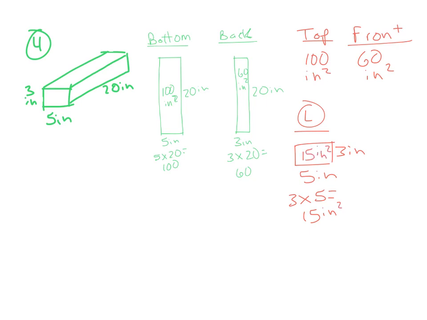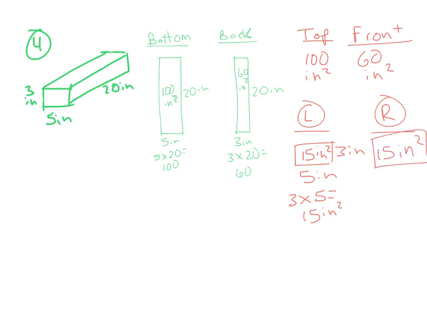And just like before, the left-hand side and the right-hand side of this rectangular prism are parallel and congruent, which means they have the exact same area. So if the left-hand side's area is 15 inches squared, then the right-hand side's area is also 15 inches squared.